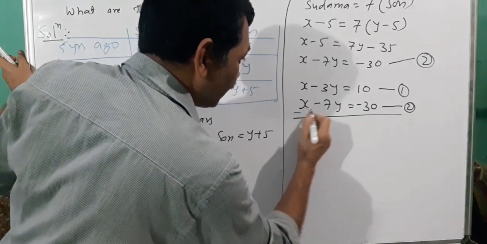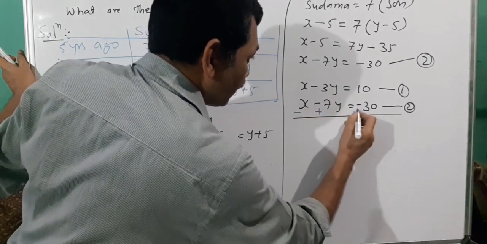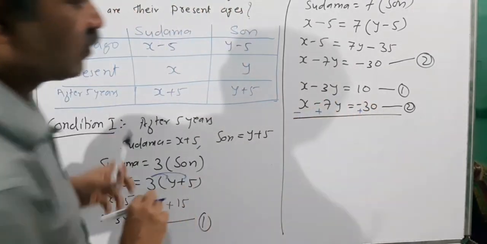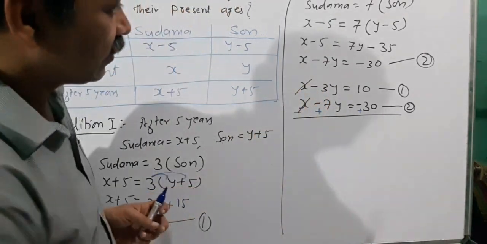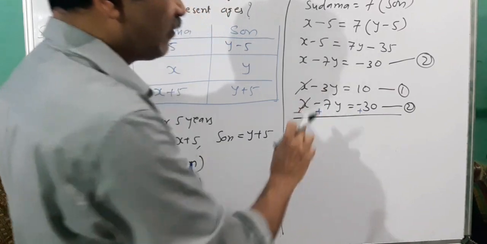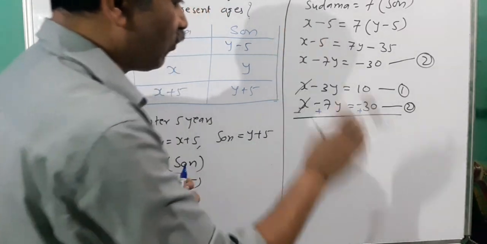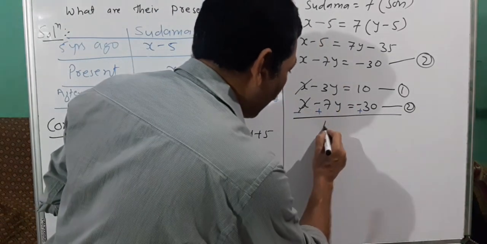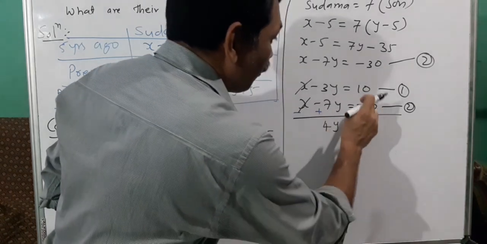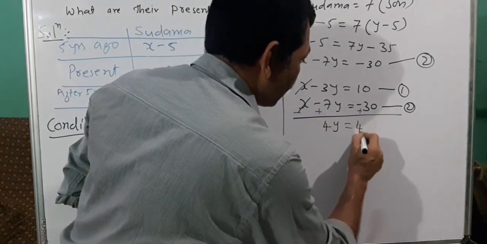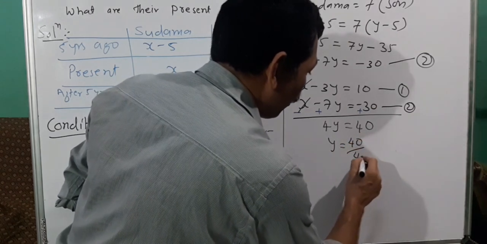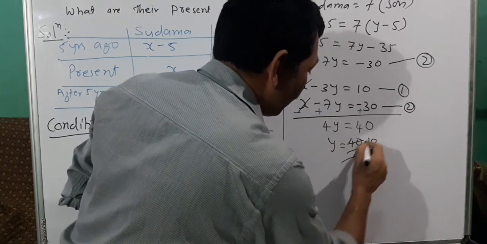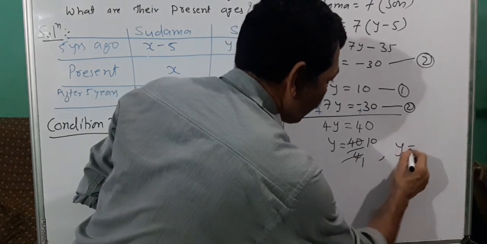So this becomes minus, this becomes plus, this becomes plus. Now x minus x cancel. Minus 3 plus 7, so 7 minus 3 is 4, sign of bigger number. So 4y is equal to plus 30 plus 10 is plus 40. Therefore y is equal to 40 upon 4. So y is equal to 10.